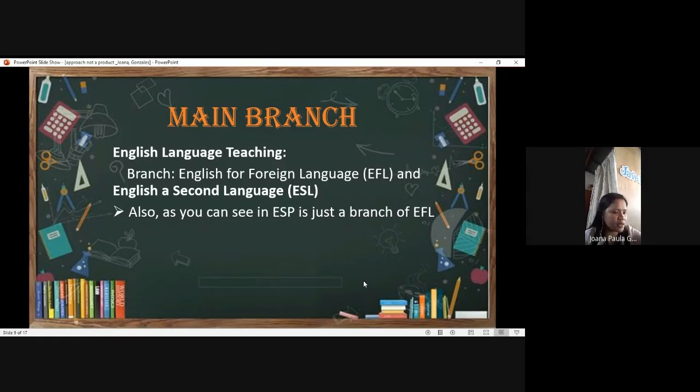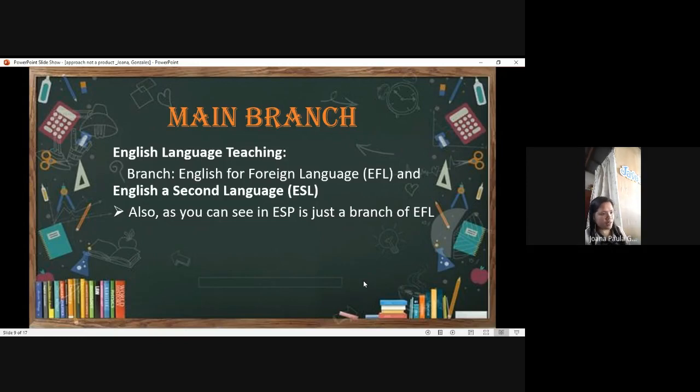In ELT, English as a second language is for a country where English is spoken, or where English is another official language.